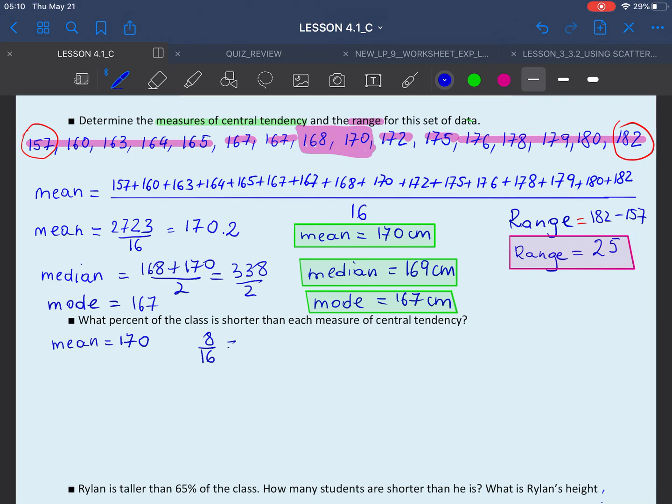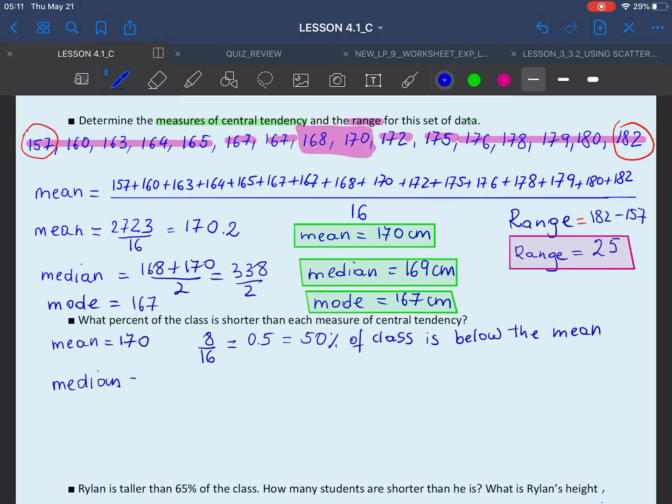So we're going to say 8 out of 16 are below 170, and that will make up for 0.5 or 50% of class is below the mean.